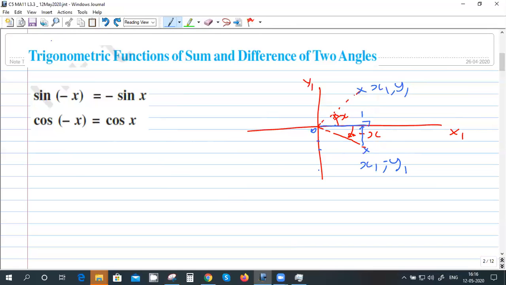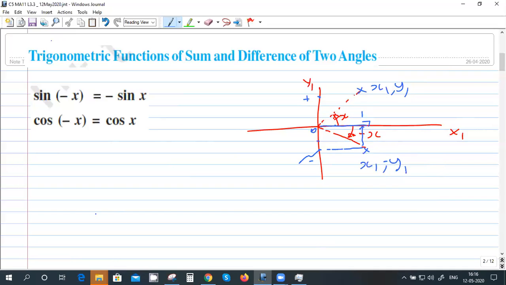This is the corresponding value of y1 of this point. So this is negative, here it's negative, and here it is positive. That's why the coordinate of this one is minus y1. X1 and y1 are both greater than 0. If you take this as y1, this will be minus y1.